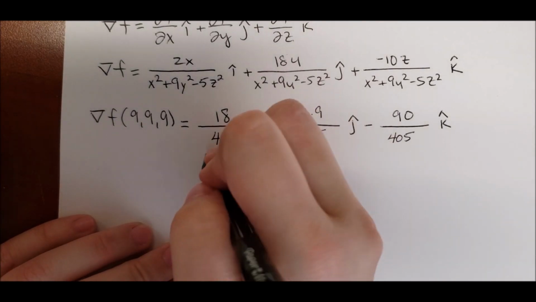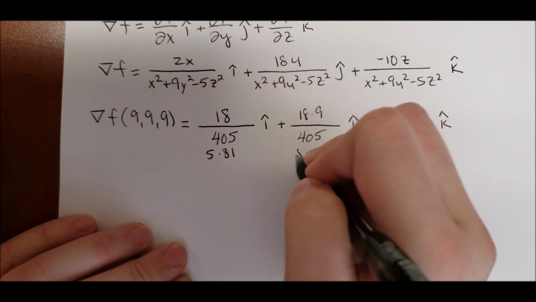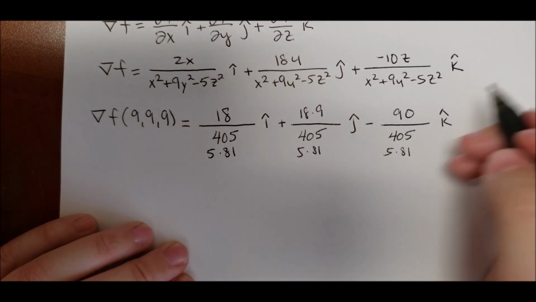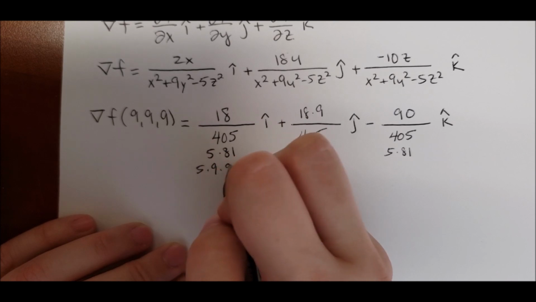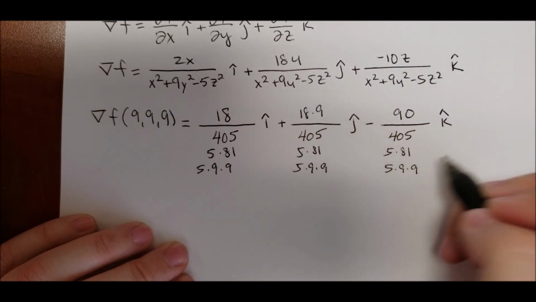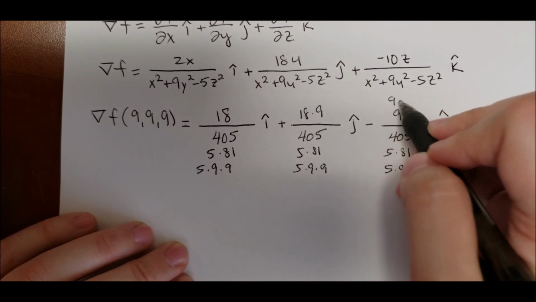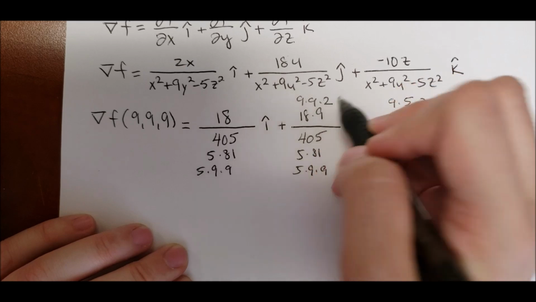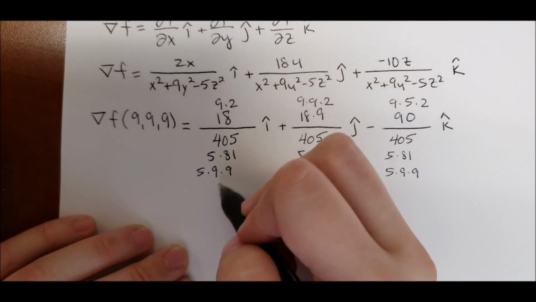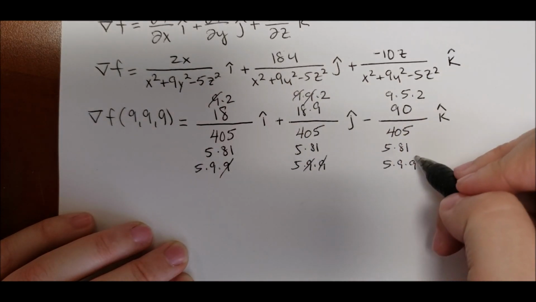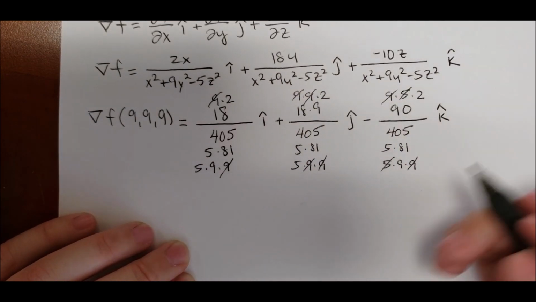Okay, and 405 was 5 times 81, which is 5 times 9 times 9. 9 times 9 times 2. So 9, 9 and 9. 9, 5.